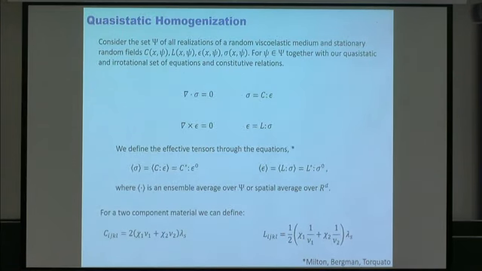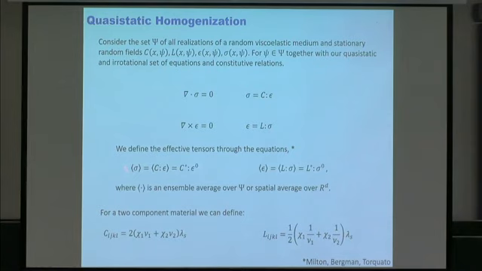Okay, so what do we do when we homogenize? We'll consider all the realizations of some random viscoelastic medium. These will be stationary random fields, our pieces here. For one of those, with our set of equations, divergence of stress is 0, our constitutive relations, our irrotational condition, we'll define the effective tensors to be the ensemble average, which ends up also being an integral over Rd, of the stress.